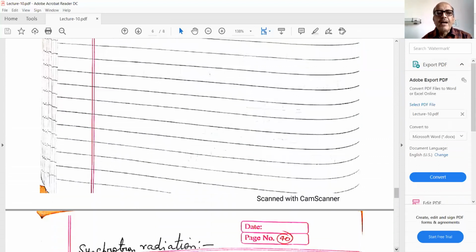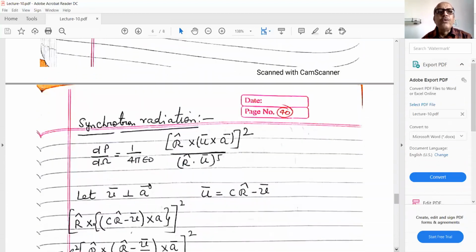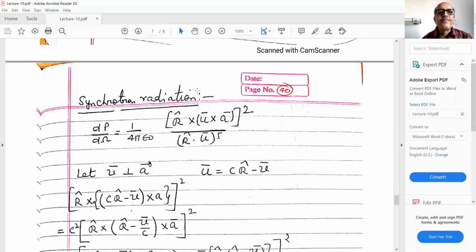After this, now let us talk about synchrotron radiation. You remember the formula dP upon d sigma is 1 upon 4 pi epsilon 0, |r cap cross (u cross a)| whole square upon (r cap dot u) whole to the power of 5. Now we consider a case where the velocity is perpendicular to the acceleration.